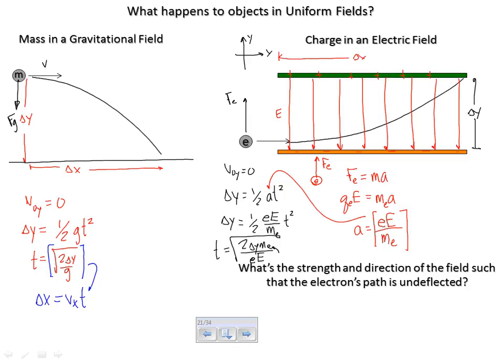What distance, delta x? Well, again, delta x is just Vx times t. All right, so these are the exact same thing, but the question is, what's the acceleration? Here it's just g. Right here, acceleration is different because it deals with the effect of the electric field.